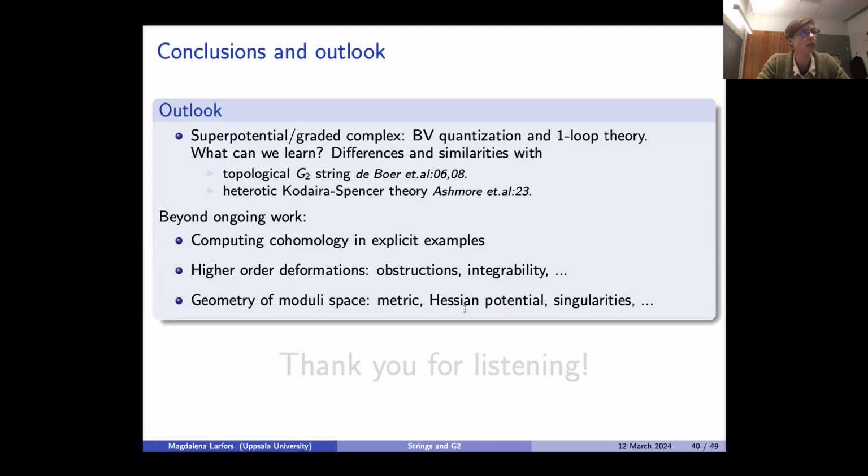So we hope to connect to that. Also, Eric has been working with other people on exploring this kind of problem in the Strominger-Hull system, and has a very nice paper on the heterotic Kodaira-Spencer theory that came out last year. So we hope to connect also to that kind of discussion.